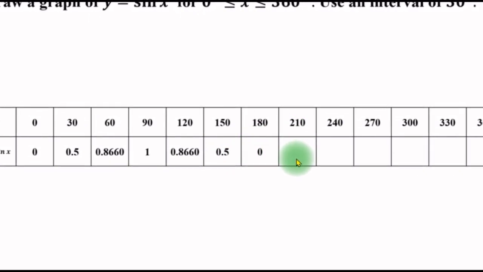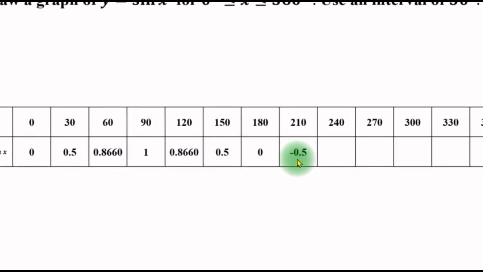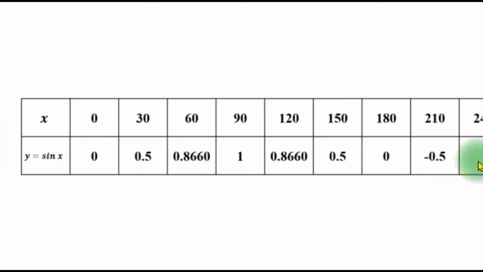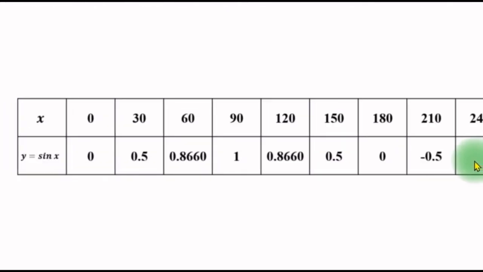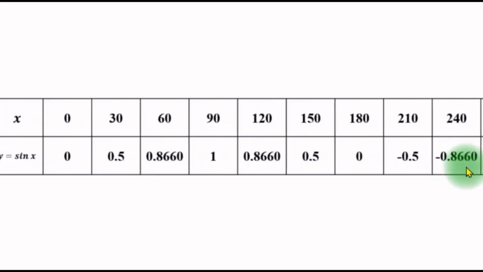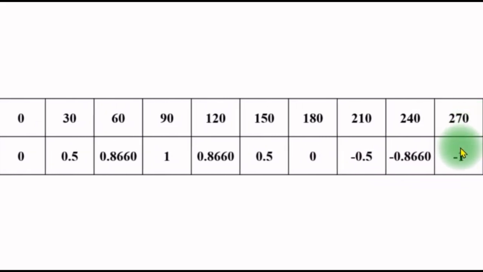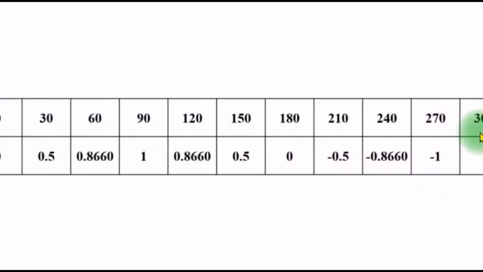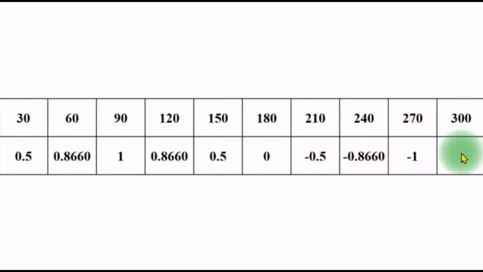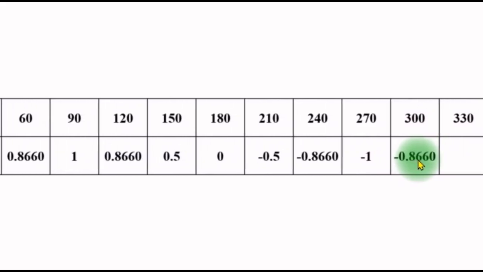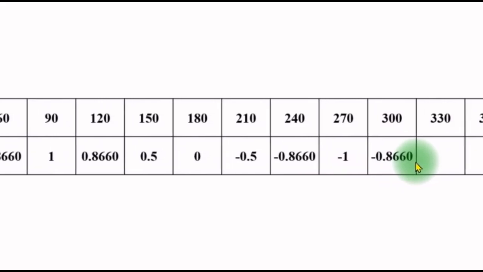When x is 210, sine 210 will be negative 0.5. When x is 240, sine 240 will be negative 0.8660. When x is 270, y will be minus 1. When x is 300, y will be negative 0.8660.